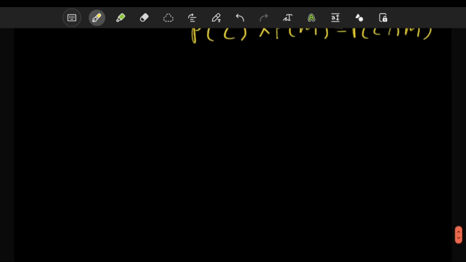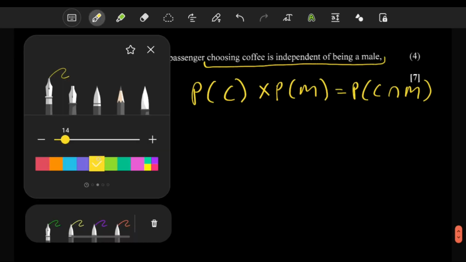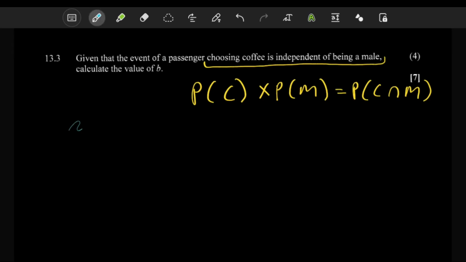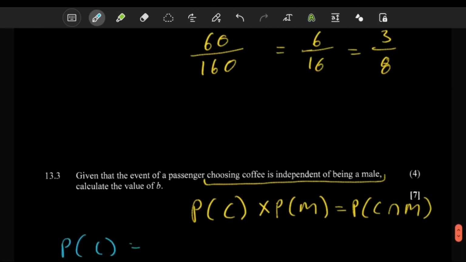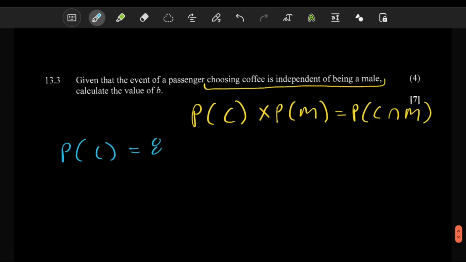Anyways, here we just need to work out the probability of someone drinking coffee. Let's see how many people drink coffee in total. It's 80 people, so that's 80 over 160. The probability of being male, we worked out to be 3 over 8.